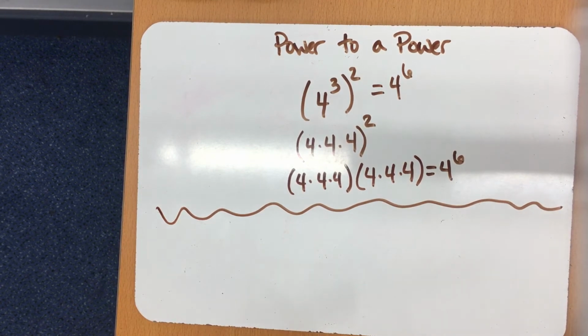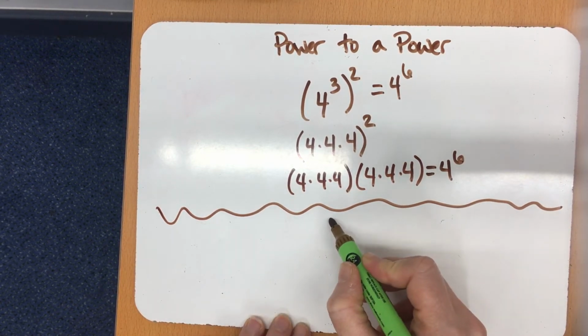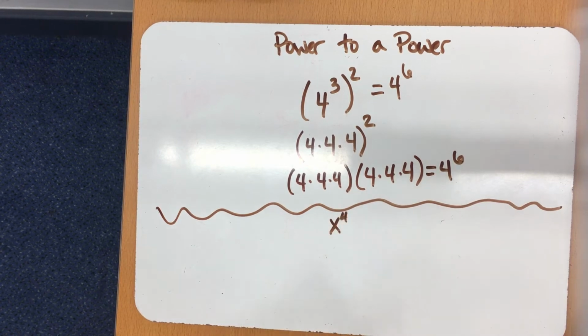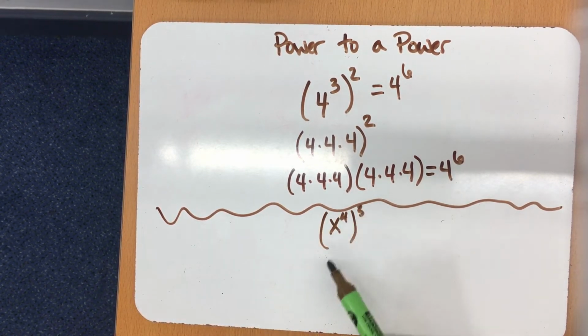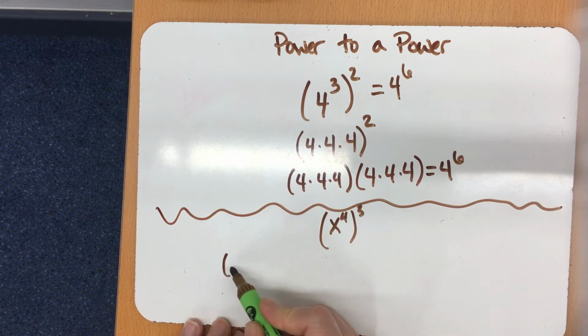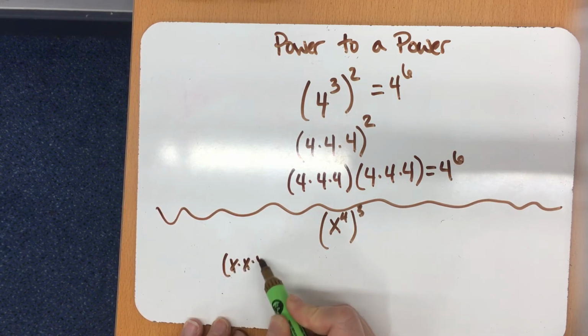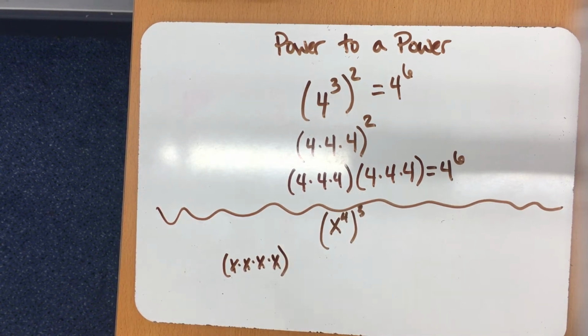I'm going to look at x's again, and let's say I have x to the 4th power to the 3rd power. So again, power to a power, x to the 4th to the 3rd. Thinking about what this really means, inside those parentheses, I have x to the 4th power, which looks like this: 4 x's all multiplied by each other.